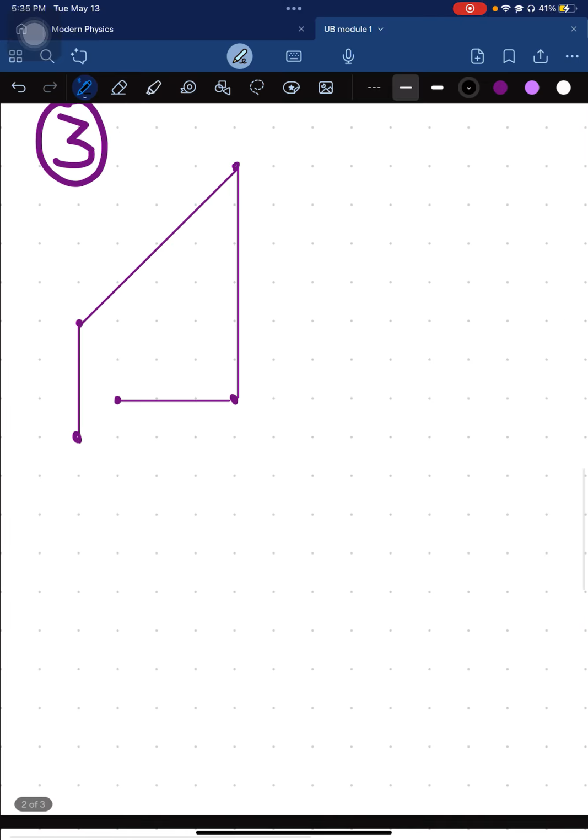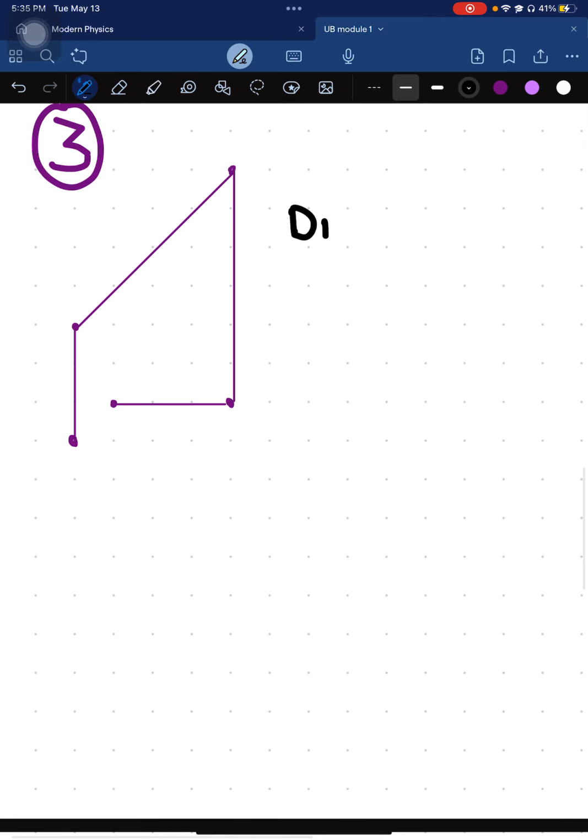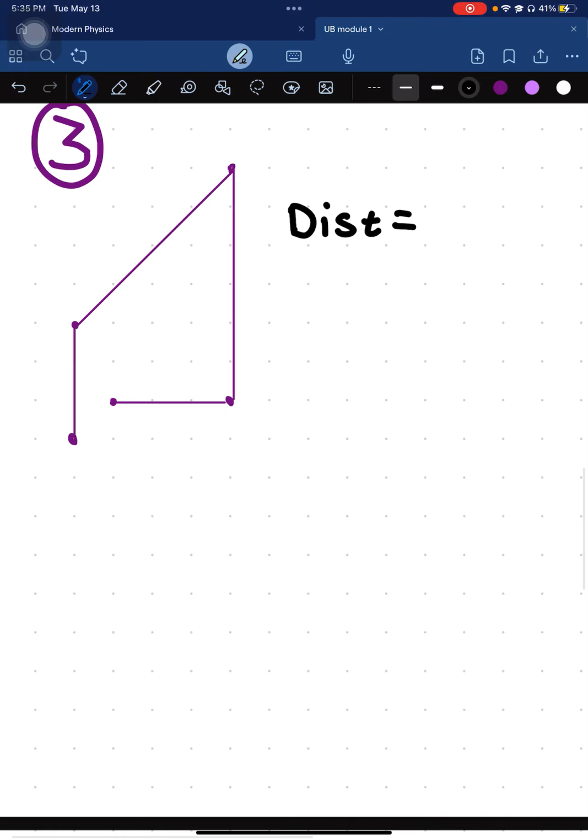Okay, for number 3, we have that the distance, again, we are just going to count up all of the squares. But for here we have, again, a right triangle that we are going to need to find our hypotenuse of.